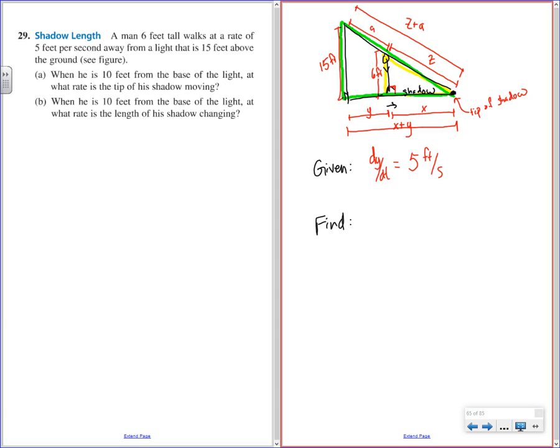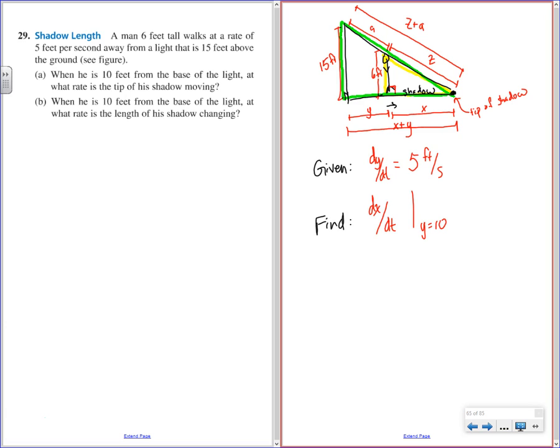So actually, dx/dt is the shadow, and how that x is changing tells us how fast the tip of the shadow is extending. So we're trying to find dx/dt. When he's 10 feet from the base of the light, I know y is equal to 10.